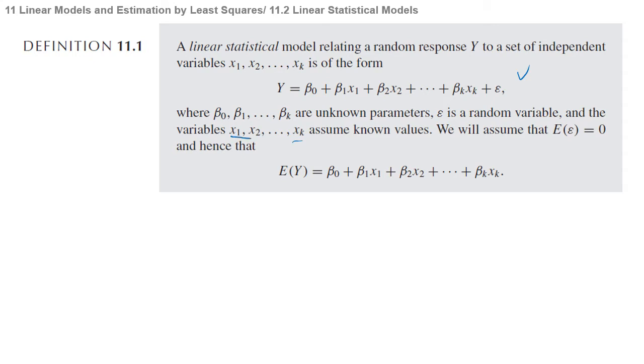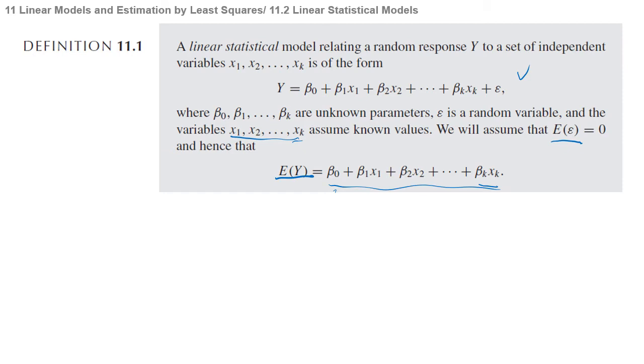So x1 to xk are non-random known values, and we will assume that the expected value of epsilon is 0, and hence the expected value of y is equal to beta 0 plus beta 1 x1 plus beta 2 x2 plus dot dot dot beta k xk.